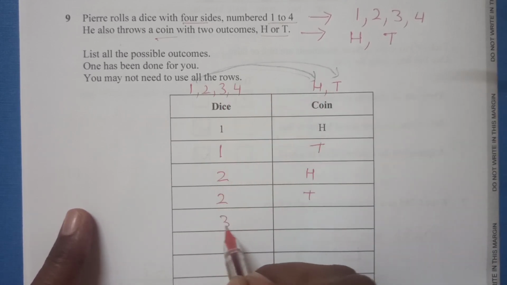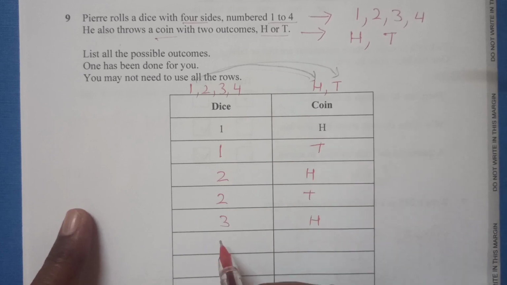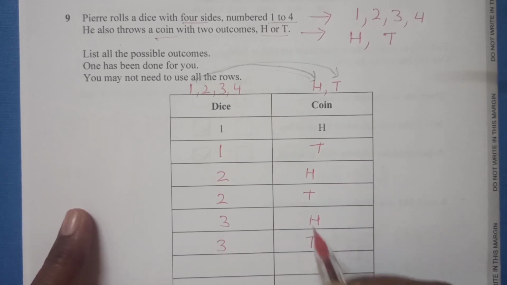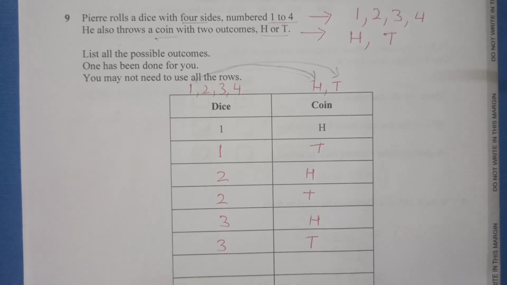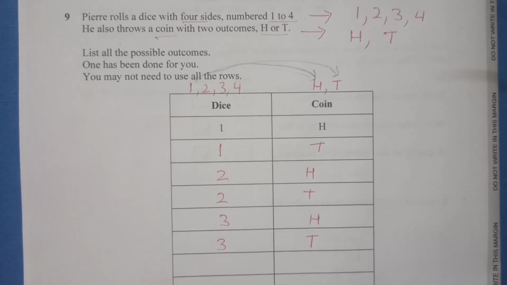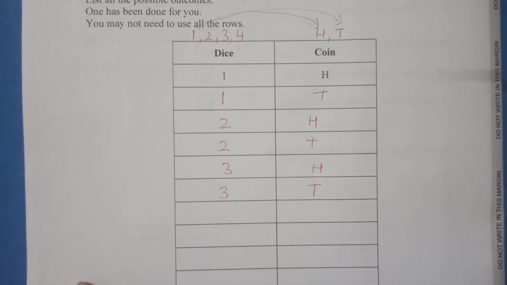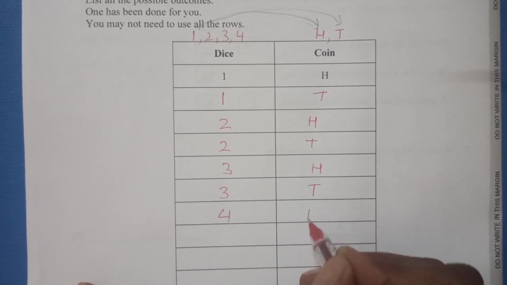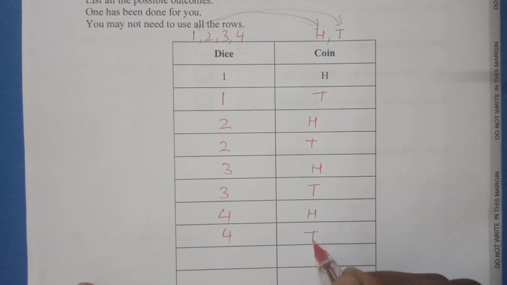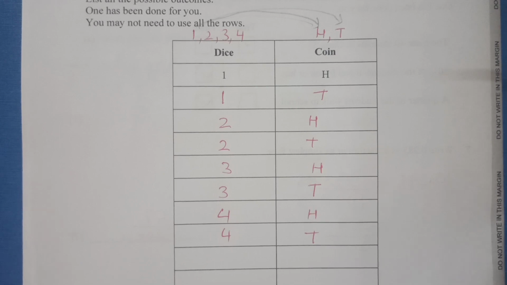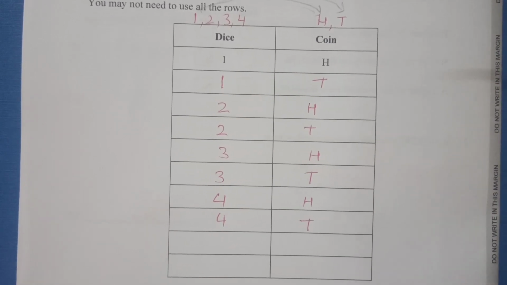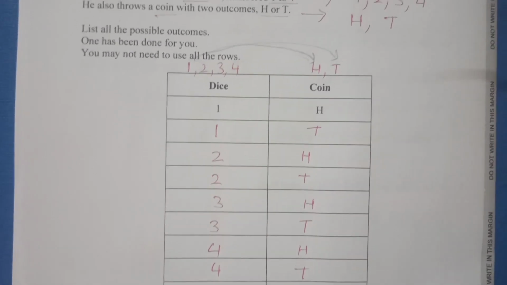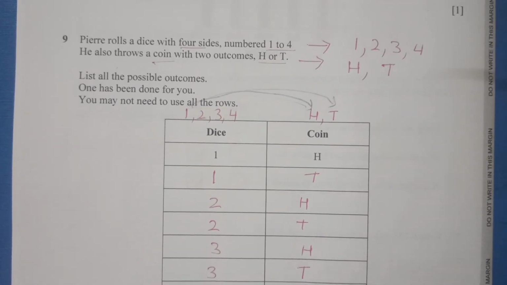Then 3 H and 3 T. Then 4 H and 4 T. So that's it. This is so easy. It seems hard, but it's not. If you get the right combinations, you can easily get the answer, right?